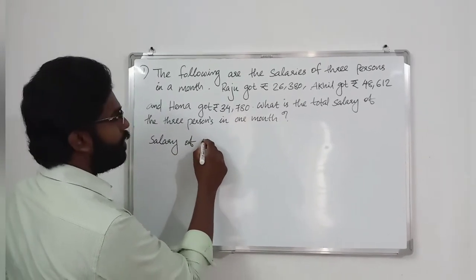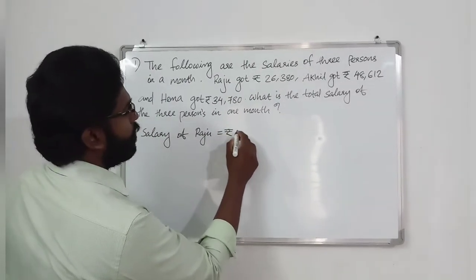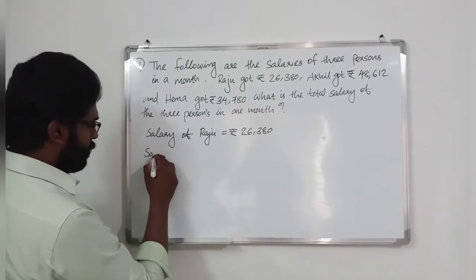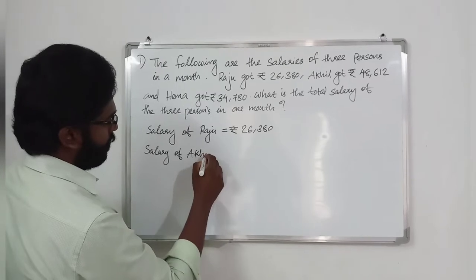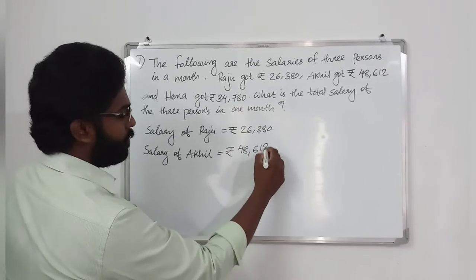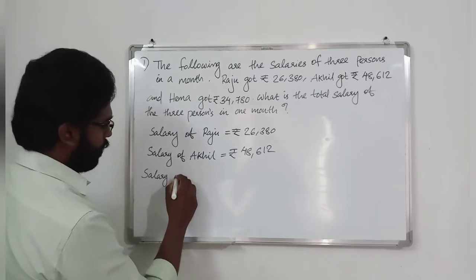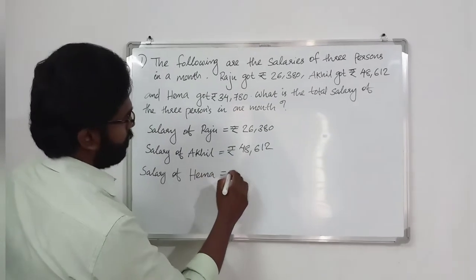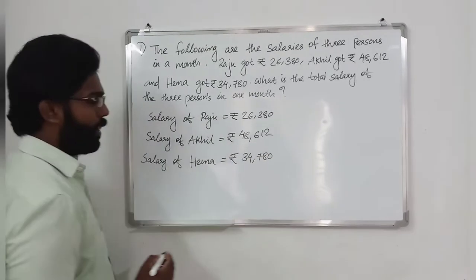Salary of Raju, 26,380. Next, salary of Akhil, 48,612. Okay, the salary of Hema, 34,780.